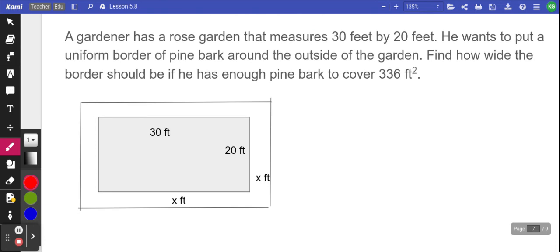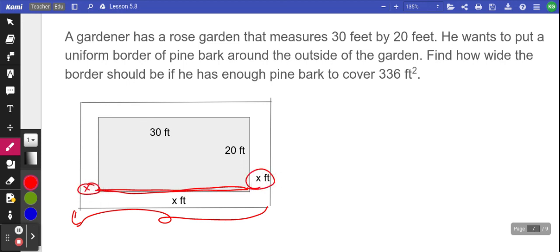A gardener has a rose garden that measures 30 by 20 feet. He wants to put a uniform border of pine bark around the outside of the garden. Find how wide the border should be if he has enough pine bark to cover 336 feet squared. Well, we need to know how long this entire border would be. So I know that this much of it is 30. And then I have this here, which is x, and this here, which is x.